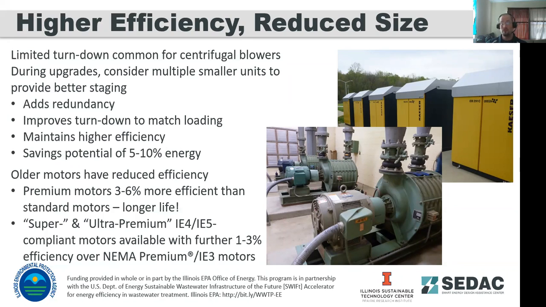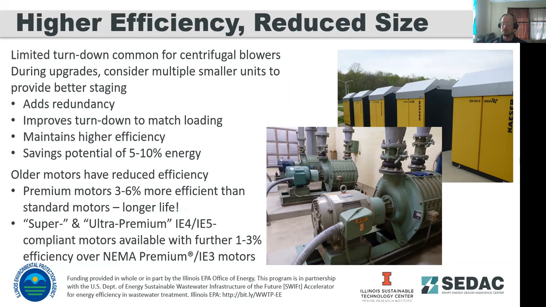Something to consider if you are going to be resizing your system, you can obtain higher efficiency by reducing the size of those blowers. If you put in smaller blowers and put in multiple units, you add some redundancy to your system, which can help with maintenance, can help prevent maintenance shutdowns of the process because you have supplementary backup units that can maintain process loads.